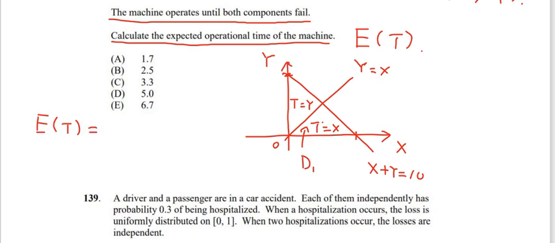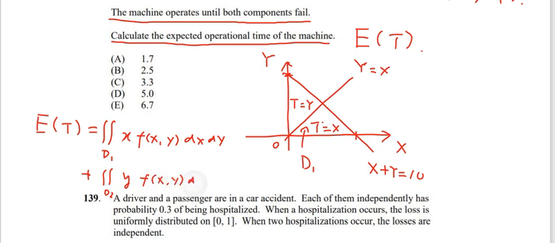So this is equal to, okay, the D1 integration, where T equals x: the double integral of x f(x,y) dx dy, plus, okay, for D2, T equals y: the double integral of y f(x,y) dx dy.